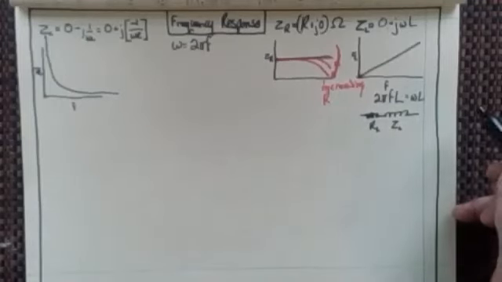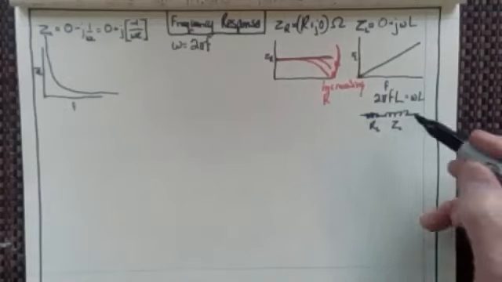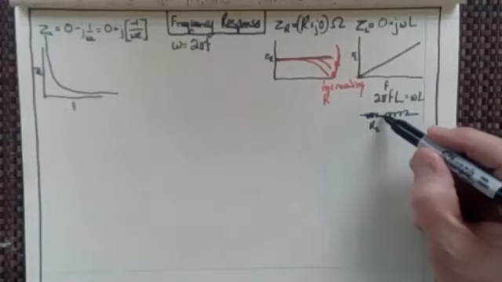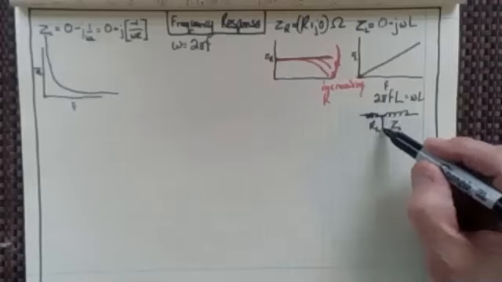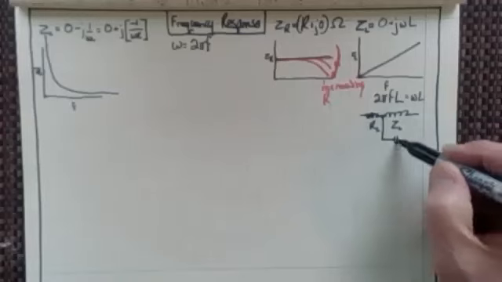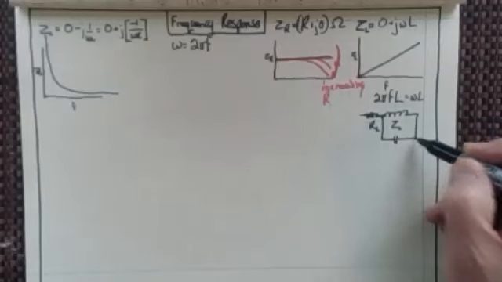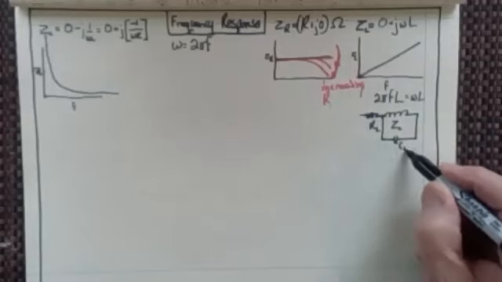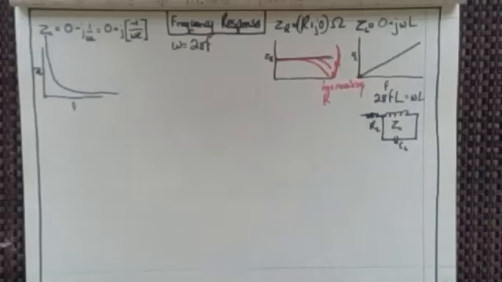What I didn't mention was that there also is, and this depends on the length of the leads of the inductor, another very small capacitance that is in parallel with that inductor, and that has to do with the length of the leads.